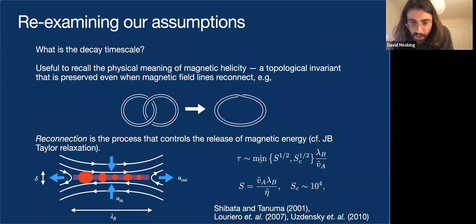So the upshot is that the reconnection timescale needs to be updated to be the minimum out of S^(1/2) and the critical Lundquist number to the half, where if S is very, very large, this just becomes the critical Lundquist number to the half, which of course doesn't depend on the resistivity. And S_c^(1/2) is just 10^2. And so one finds a decay timescale that is longer by a factor of 10^2 than the one you would have originally thought. Okay, so that's fast magnetic reconnection within the MHD framework.